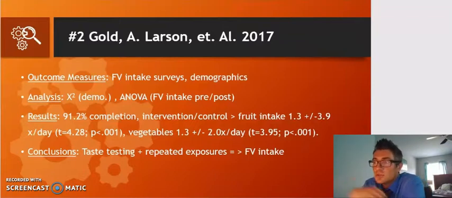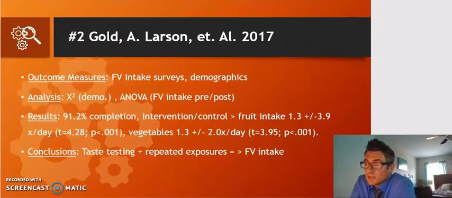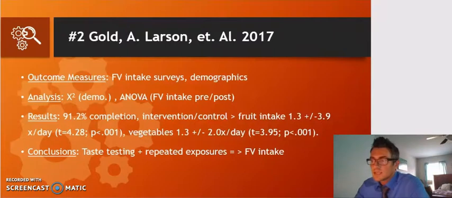Surveys were given to the students to provide how many times per day, 0 through 5, fruit and vegetables were consumed, the beginning and end of the 7-week curriculum. Chi-square was used to identify any demographic differences between the control and intervention groups. One-way ANOVA was used to assess differences in dietary intake pre- and post-intervention. Results indicated that, compared with the control group, children from the intervention group increased fruit intake 1.3 to 3.9 times per day, and vegetable intake from 1.3 to 2 times per day.